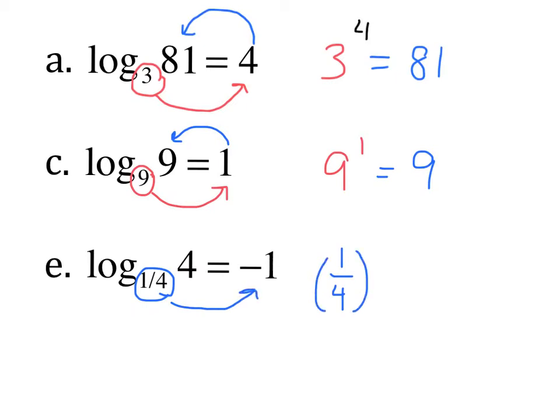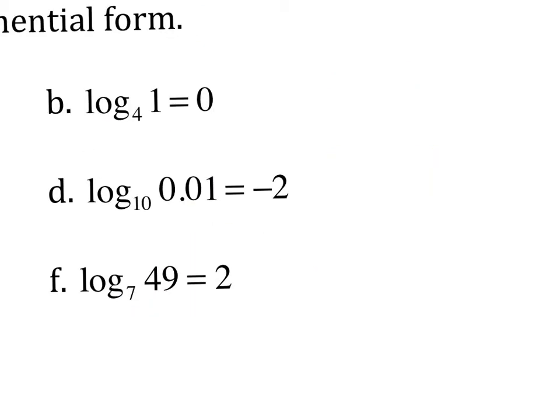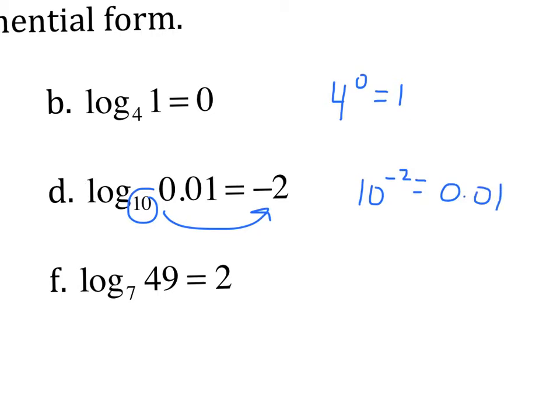So I'm putting all of this in parentheses. To the negative 1 is equal to 4. And this one here would be 4 to the 0 power is 1. 10 to the negative 2 is 0.01. And 7 squared is 49. So that's rewriting it into exponential form.